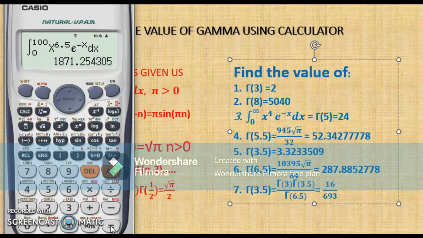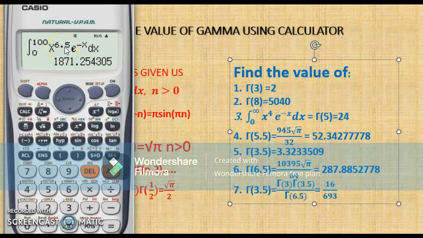Now you've seen that this result is different from what we would be expecting, because what I have kept here is 6.5, which means I'm calculating gamma of 7.5. Take note. The moment you make a mistake and key in that same thing, you're going to get a different result.